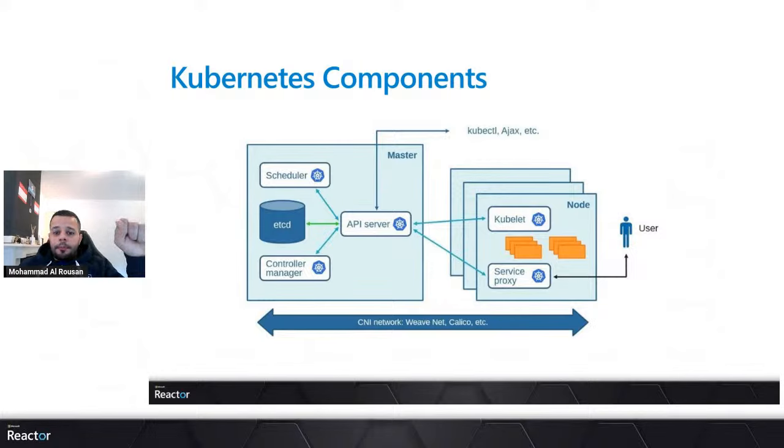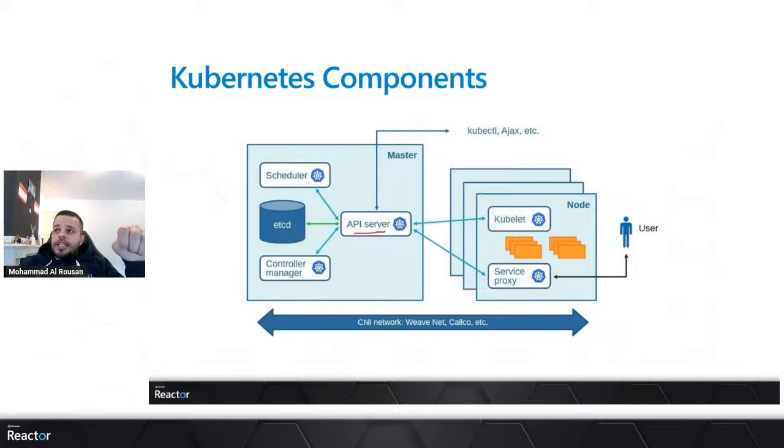On the master node, we have mainly four Kubernetes components, and on the worker nodes, we have two components. The first one is the API server, on the master node.